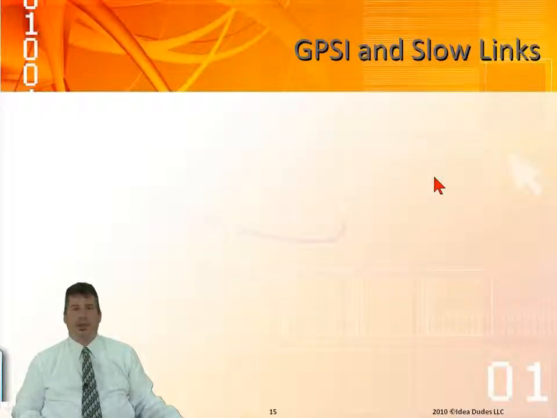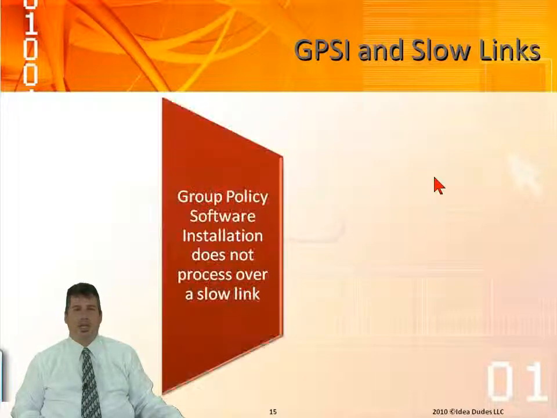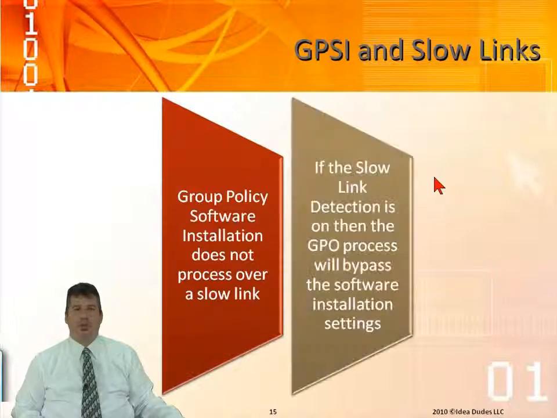Now, one of the things that you have to worry about or think about when you're doing client-side extensions like the group policy software installation is slow links. The slow link means that we can set it so that if it's under 500 kilobits per second, then it's not going to apply the client-side extensions or the GPSI. So group policy software installation does not process over a slow link.